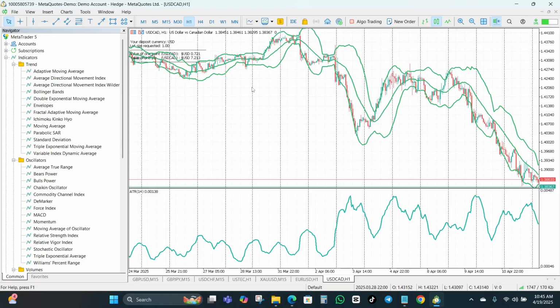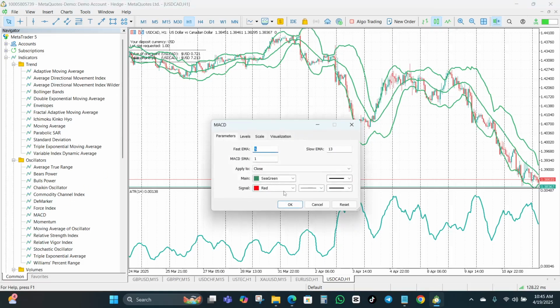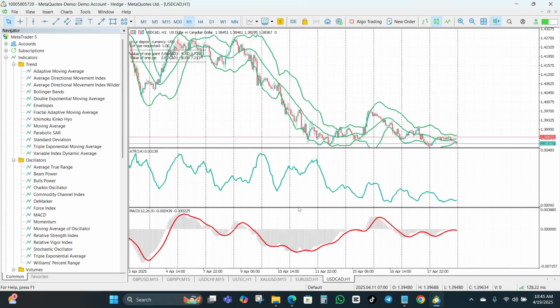Now, the next indicator we are going to discuss is the moving average convergence divergence. The MACD is another momentum based indicator, and it is extremely popular for a reason. The MACD has the lines and the histogram bars, right?